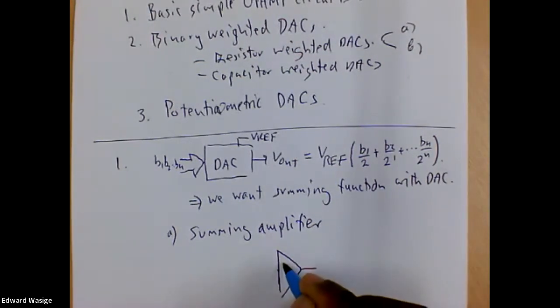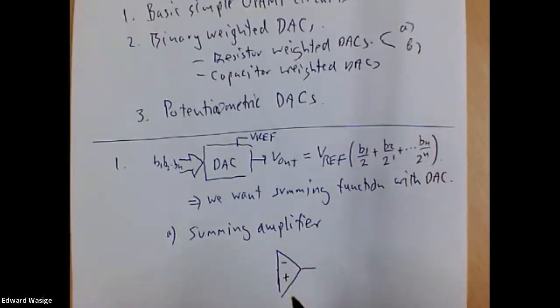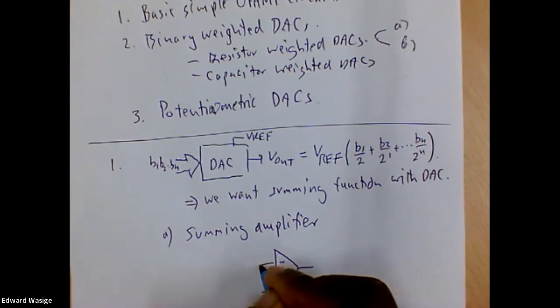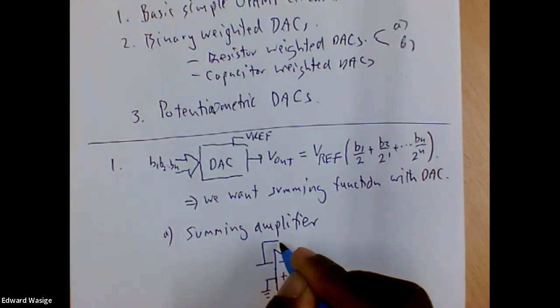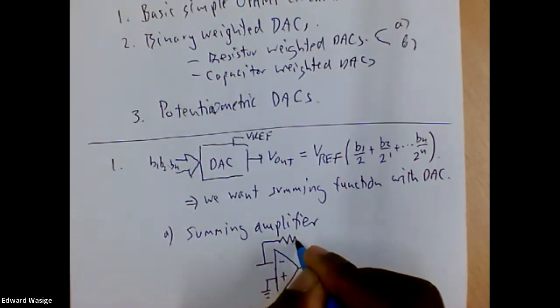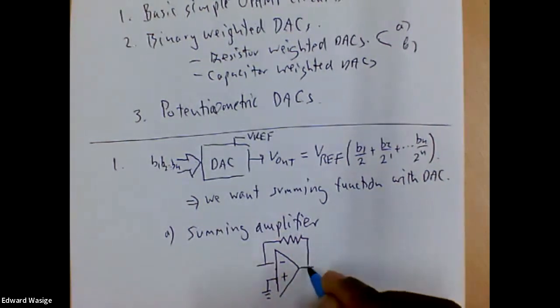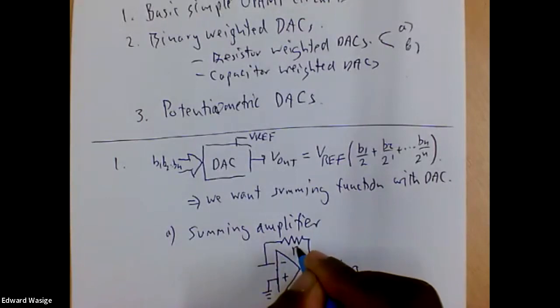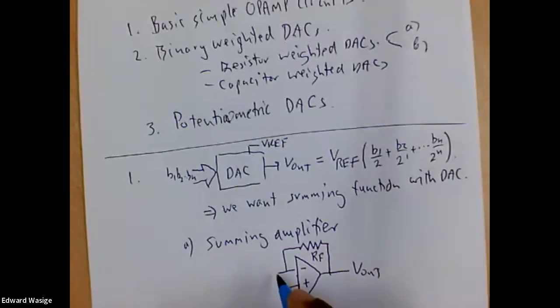In a summing amplifier, you have your op-amp. The positive terminal is grounded. We have a feedback resistor there. And this is your V out, R feedback.